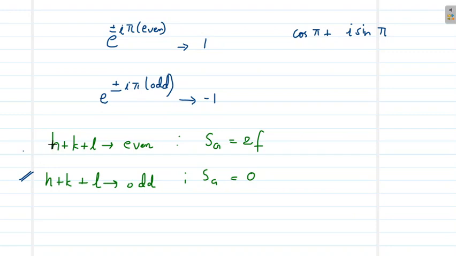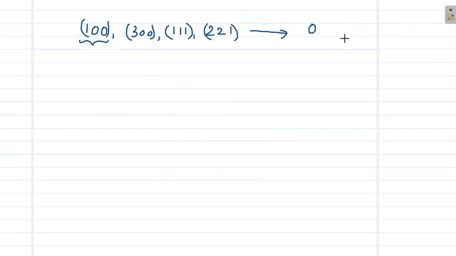And the structure factor becoming 0 means the scattered amplitude will be 0, and if the scattered amplitude is 0, the intensity of diffraction will be 0, because intensity of diffraction is proportional to the scattered amplitude squared. So even when all these planes exist in the BCC lattice, the diffraction intensity that you get from these planes is 0 due to this structure factor.